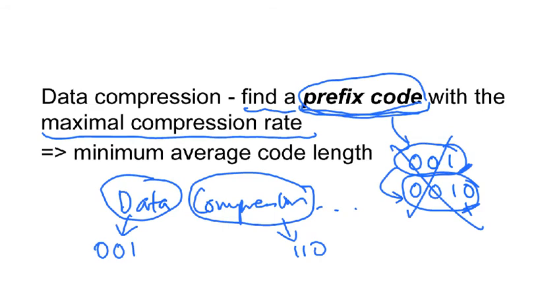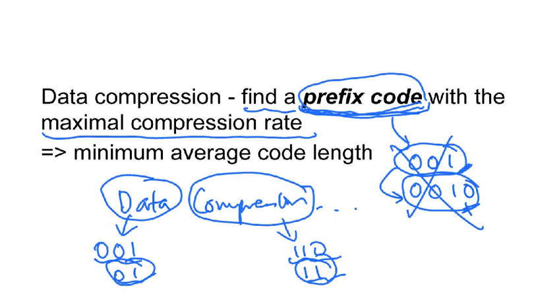Now, this is 3 bits and this is 3 bits. But what if we were to represent this using just something like 01 and 11? So this is 2 bits and this is 2 bits. It means that if we use this particular coding, the compression rate might potentially be higher. But of course, we have to check whether or not the resulting coding system is a prefix code.